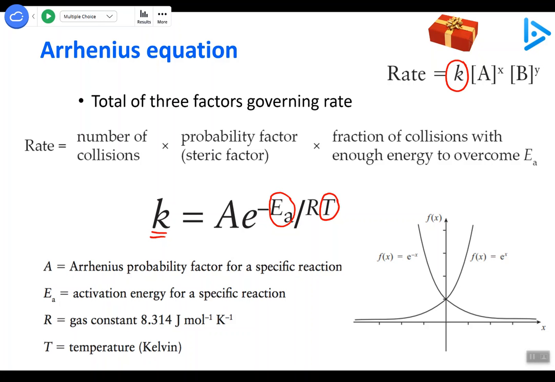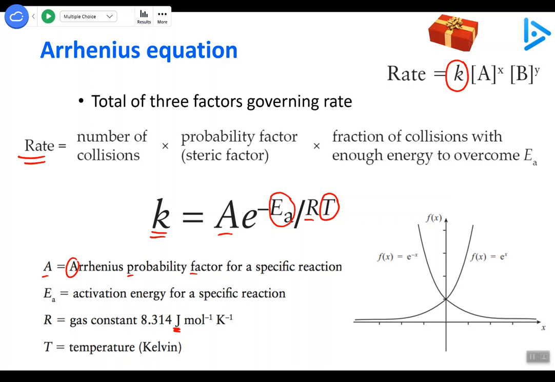Changing the temperature changes the rate of a reaction. It includes the gas constant, just 8.314, but now we're going to measure it in joules per mole Kelvin. And it has this A factor for Arrhenius. It's a probability factor. It's sort of a measure of how easy it is to get to the reaction site. It's a probability factor, and it's unique for a given reaction.